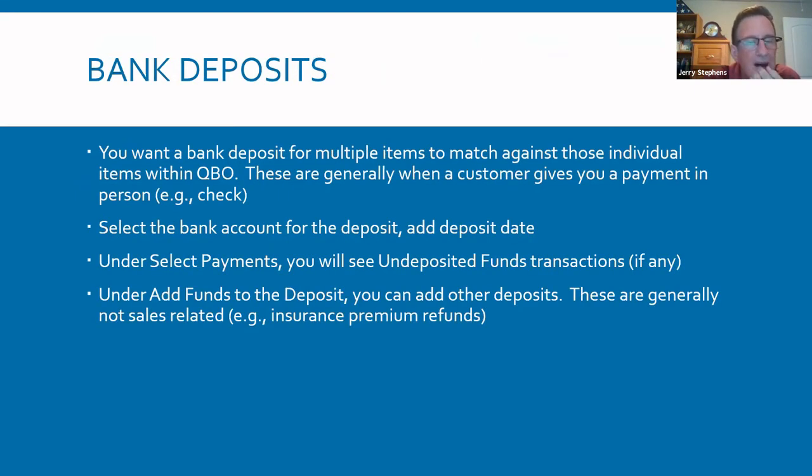In terms of bank deposits, we've talked a little bit about that flowing in each night. QuickBooks will look to match items that come through the bank deposit with items that are already in QuickBooks.